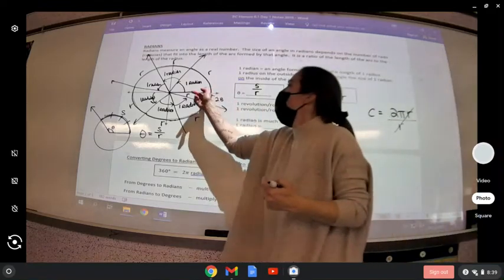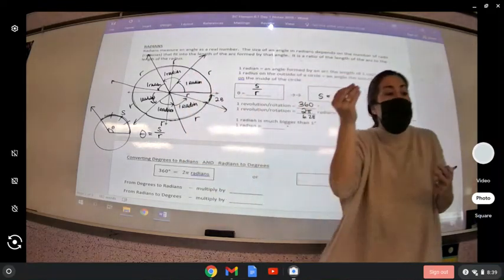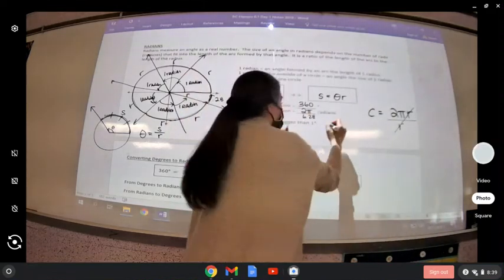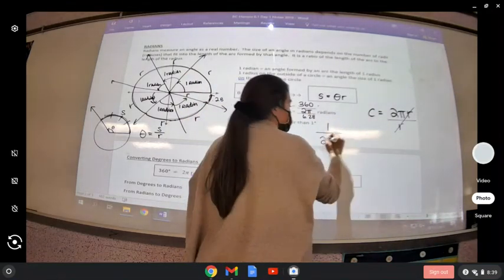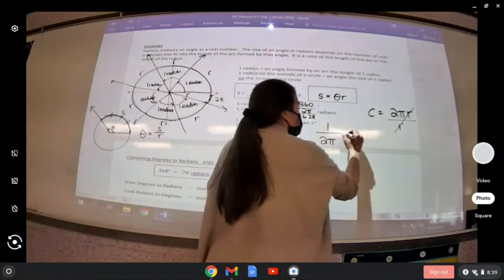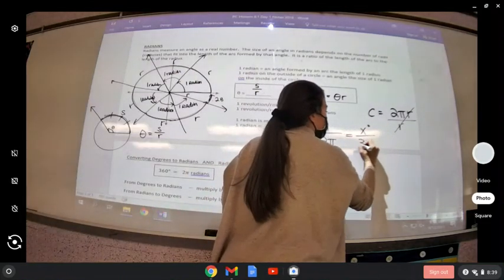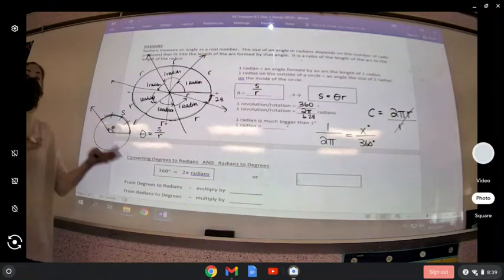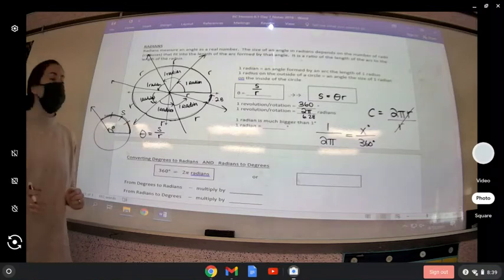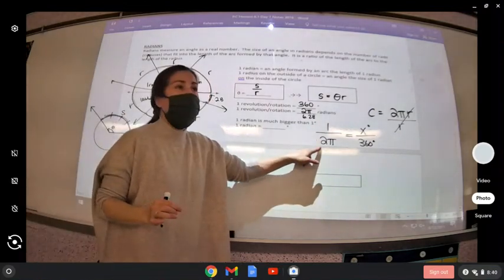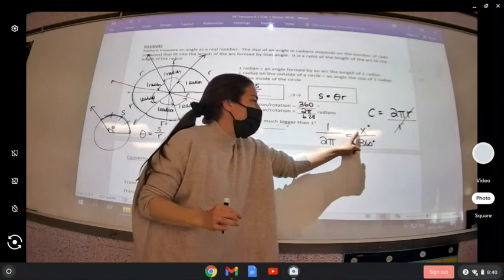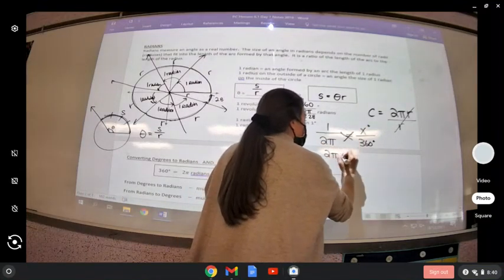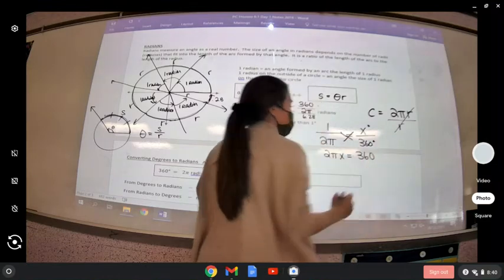So if you want to know, just for the picture of it, how many degrees live inside of 1 radian? Well, guys, think of it. 1 radian out of 2 pi radians is equal to how many degrees out of 360? Let's try and find out roughly what is 1 radian equal to in degrees. So cross multiply, and you get 2 pi x equals 360.